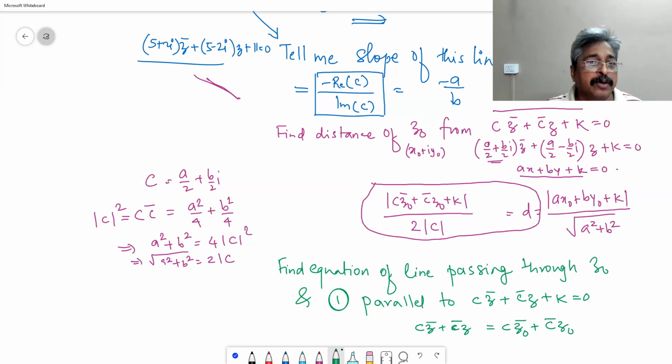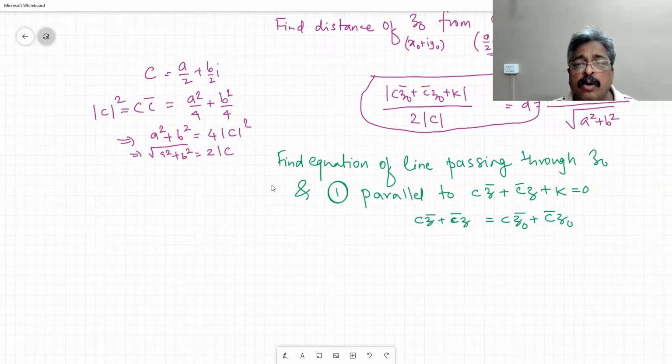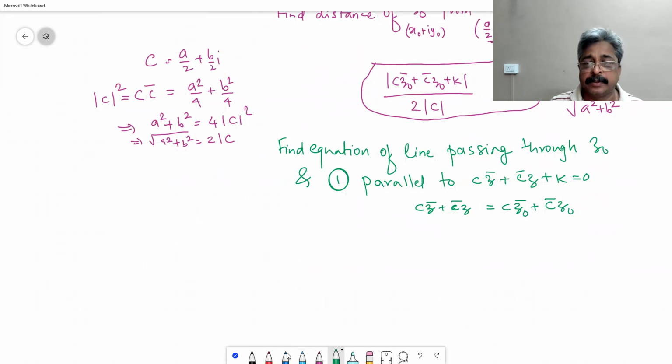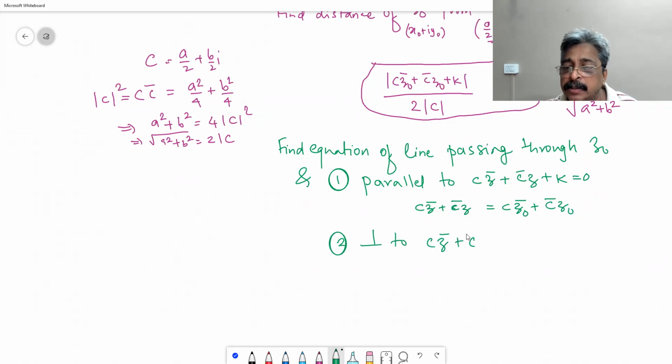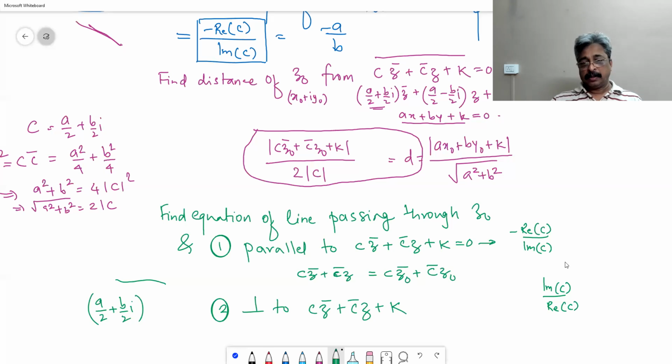Now you have to apply yourself for finding the equation of a perpendicular line. There is a chance of a mistake there. Perpendicular to c z bar plus c bar z plus k. Okay, so the slope of the given line is minus real part of c upon imaginary part of c.